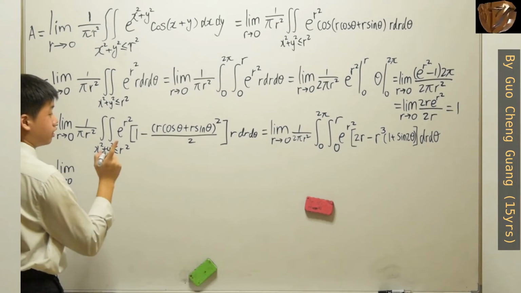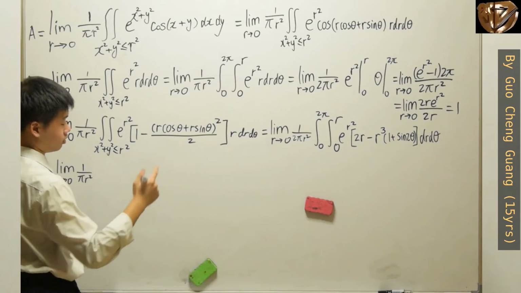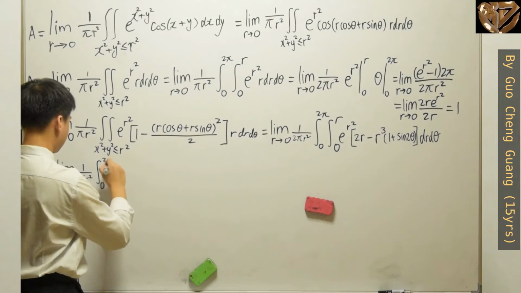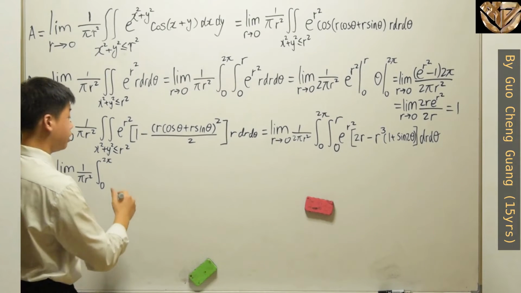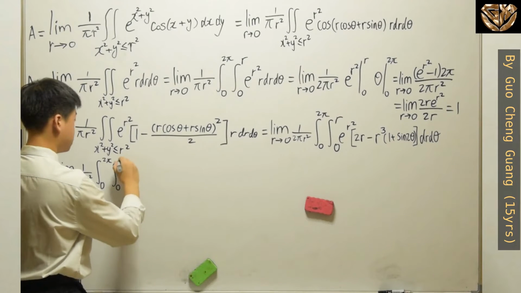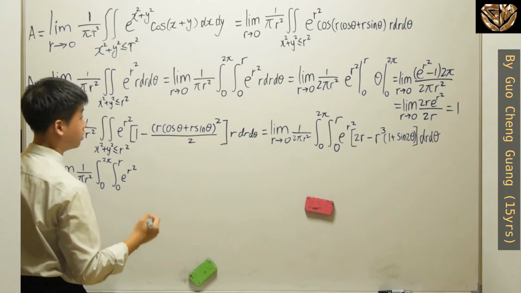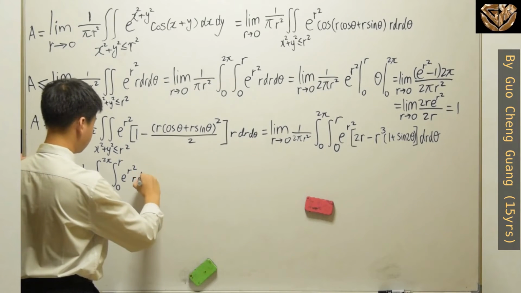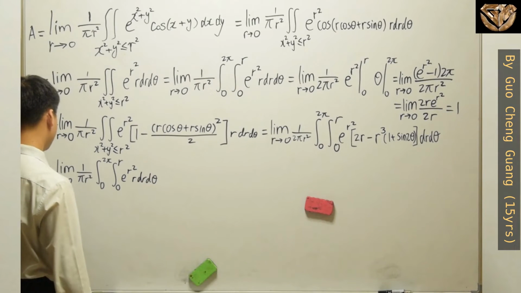Okay, in your first term, you can bring the 2 out. So integrate from 0 to 2 pi, and then integrate from 0 to r, e to the power of r squared, and you have r d theta, right? Okay.